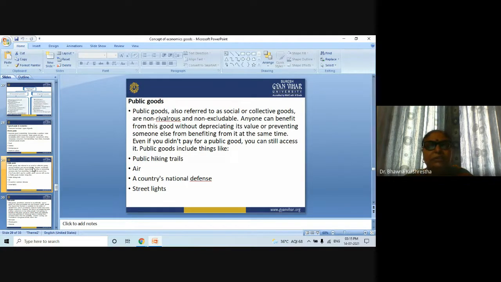Public goods, also referred to as social or collective goods, are non-rivalrous and non-excludable.